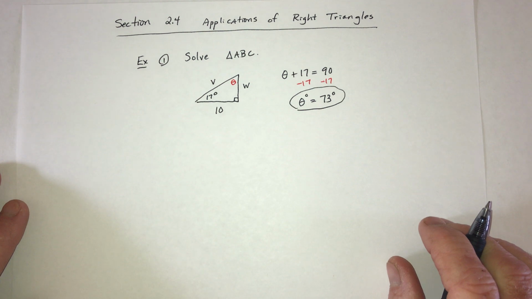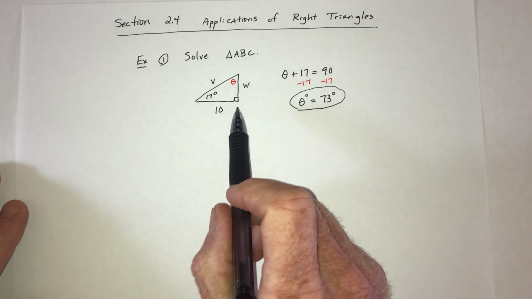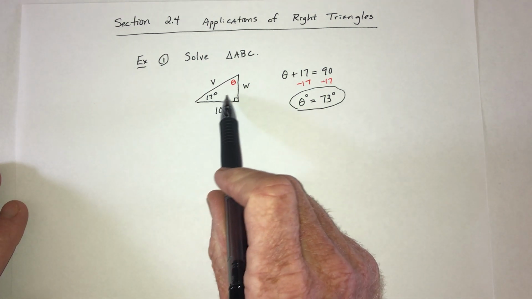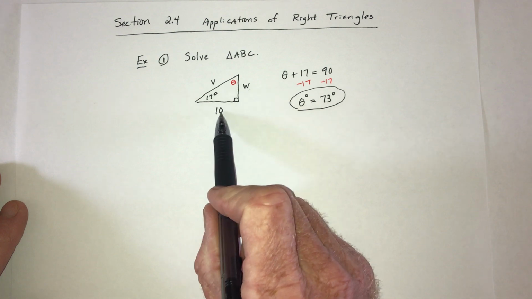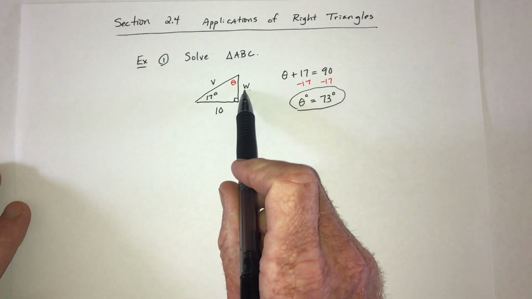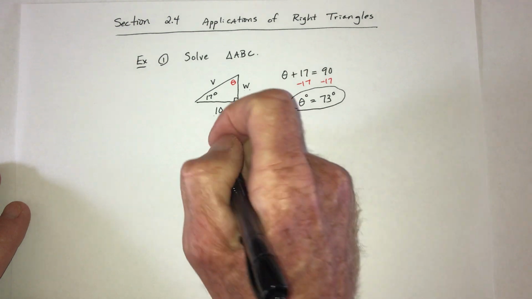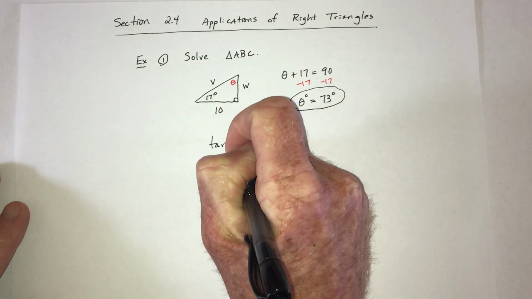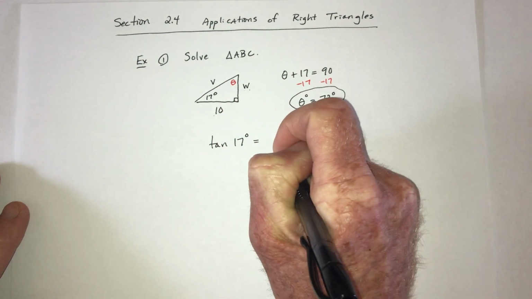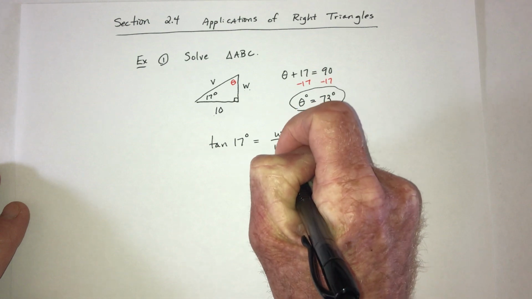Now what about the sides? So using the 17 degrees, that means that this is the opposite and this is the adjacent. Opposite over adjacent, that's the job of tangent. So tangent of 17 equals W over 10.